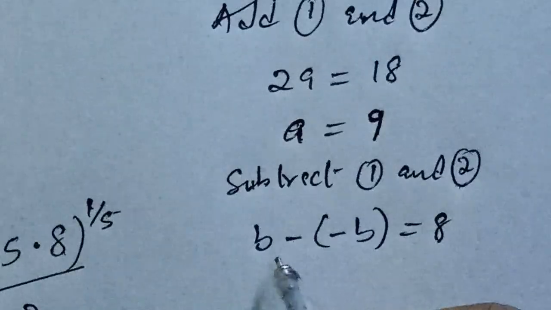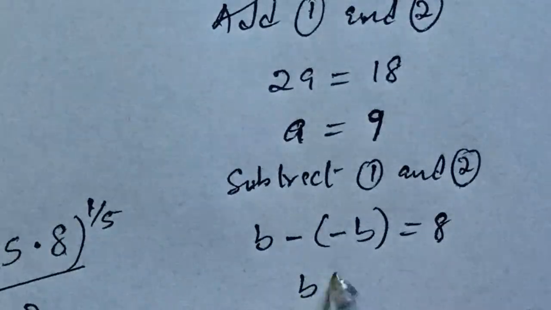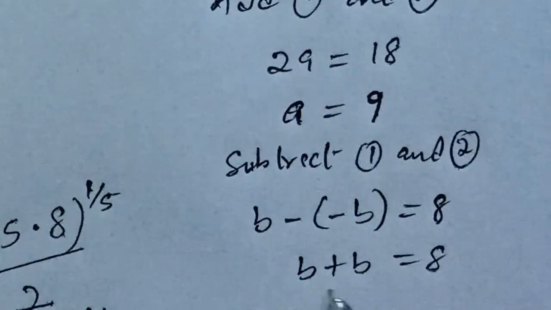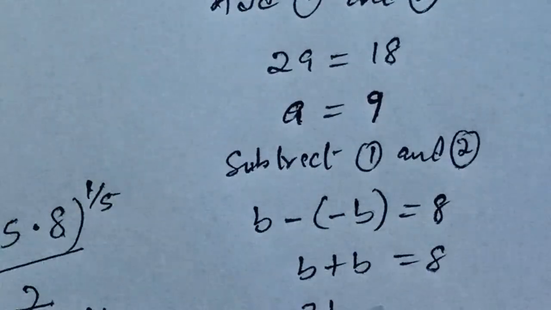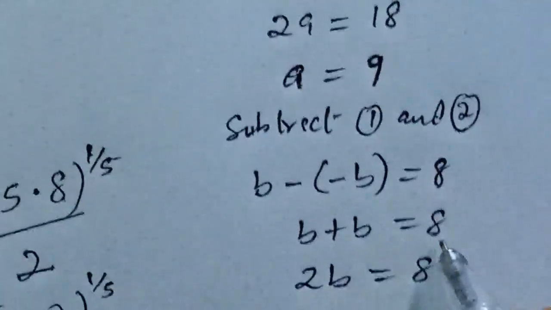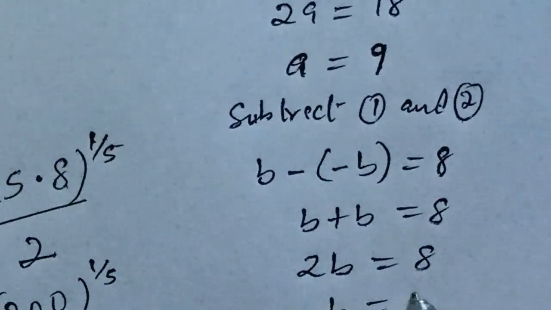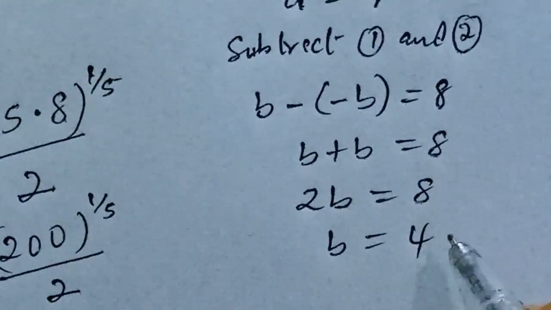So that gives us b plus b equal to 8, which means 2b equal to 8. Divide both sides by 2, we have b equal to 4.